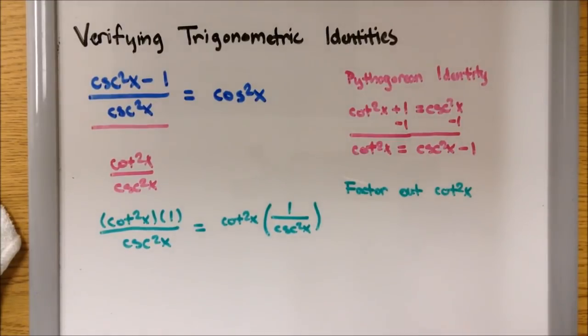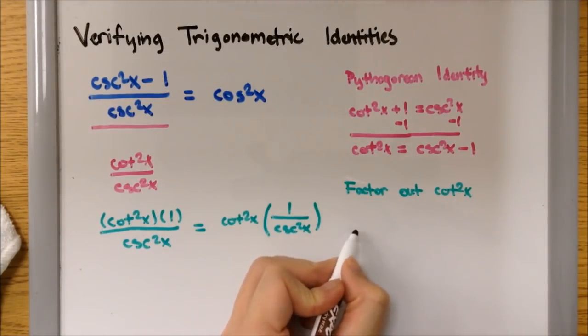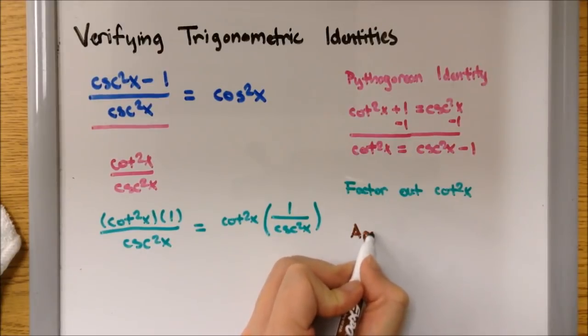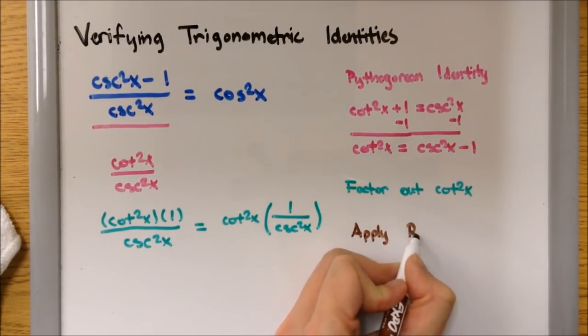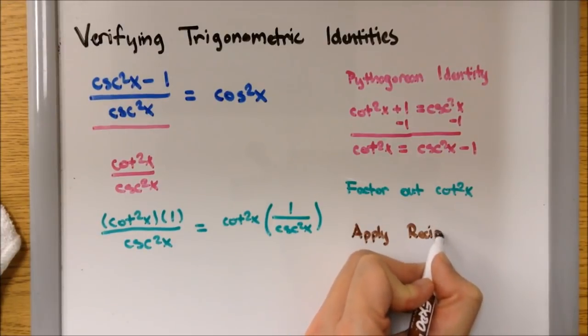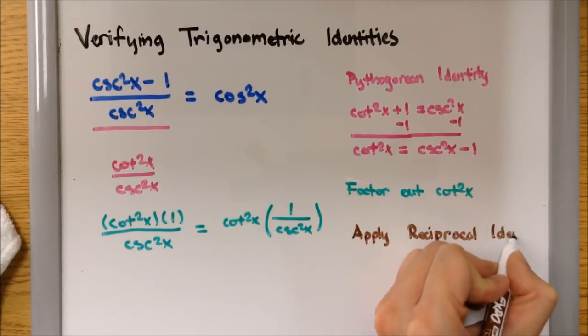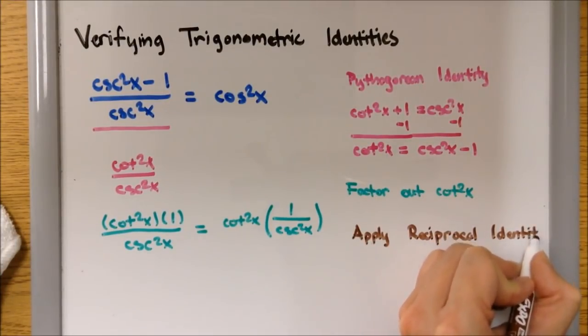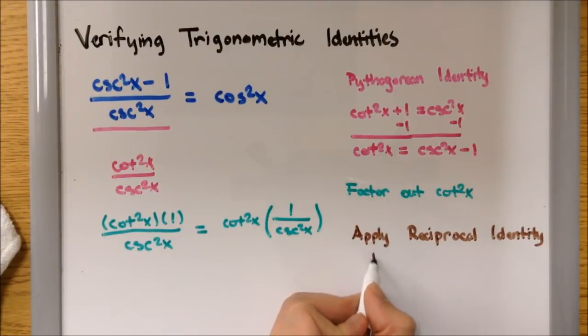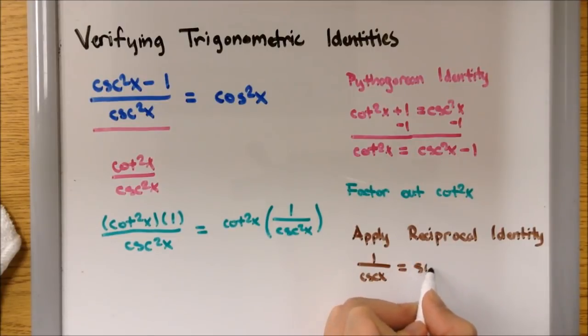Doing that, I notice I have an identity that I can apply. I'm going to apply the reciprocal identity, which is 1 over cosecant x equals sine x.